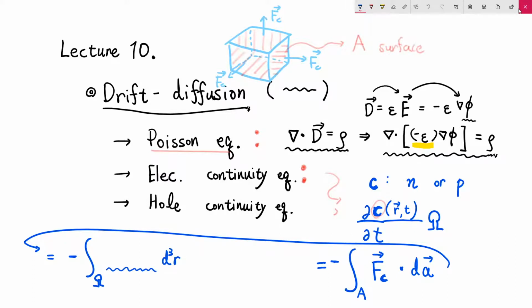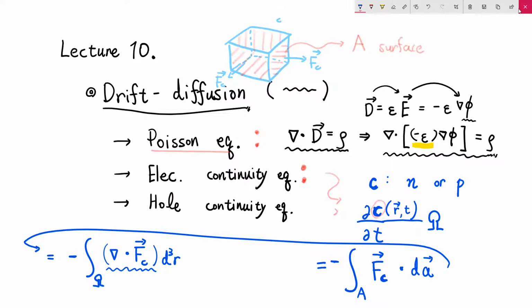Then what happens to this one? Here we have to introduce the divergence of our flux. You know it. This is a mathematical identity, so you can easily understand when we have such an arbitrary vector field, then that transformation can be justified. So now we have this one.